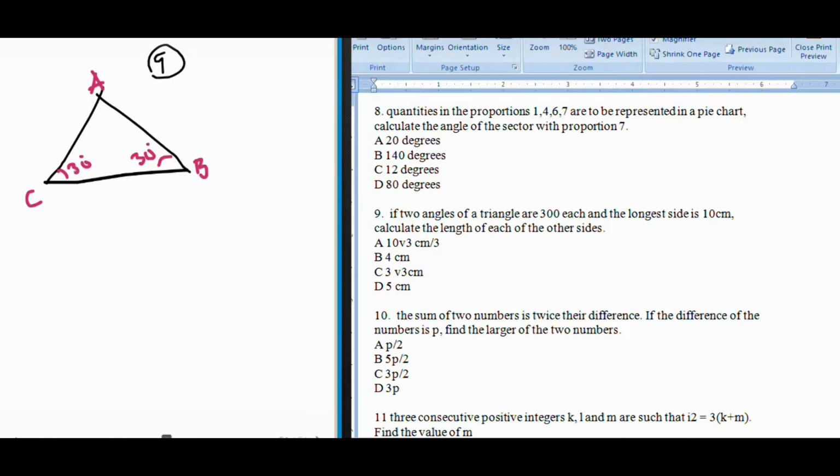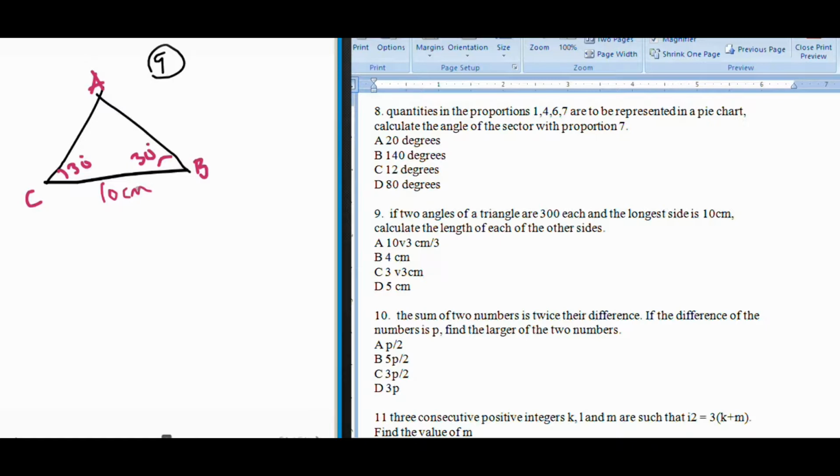An isosceles triangle is a triangle in which the base angles are equal and the two sides are equal. Now, the longest side, which is the side BC, is 10 centimeters.